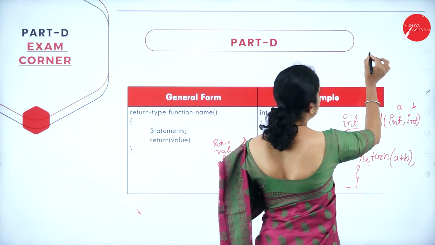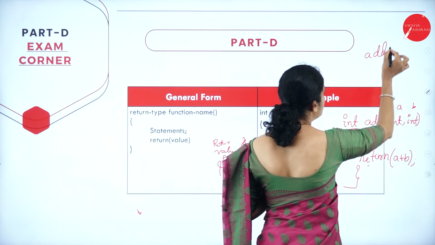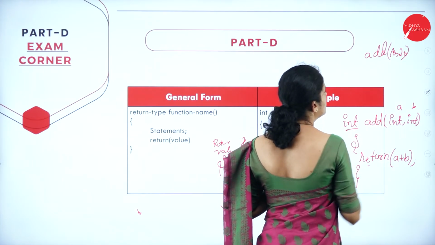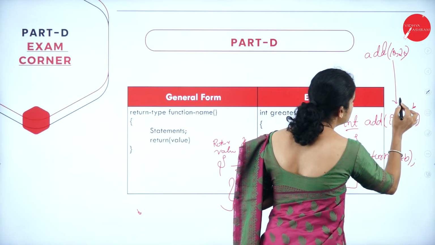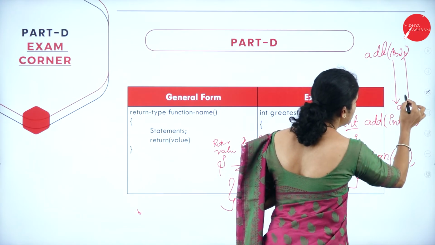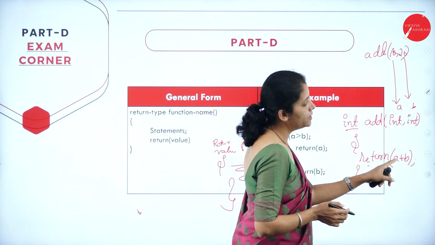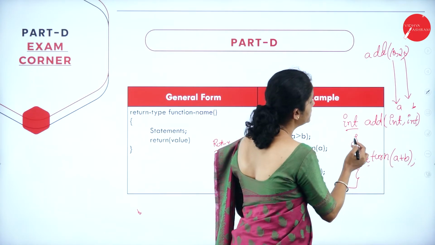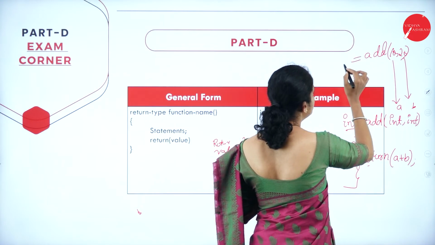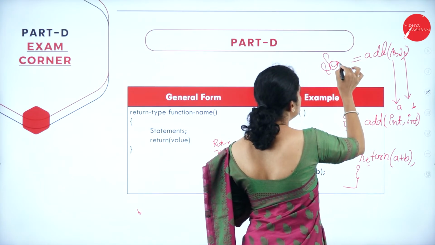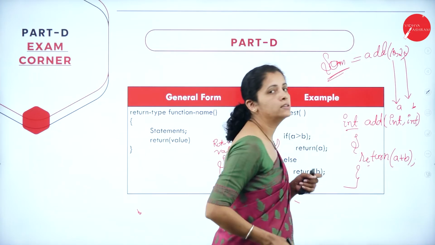For example, in my main program, if I call the function with 10, 20, now this 10 is assigned to a and this 20 is assigned to b. After performing 10 plus 20, it's going to send 30 to the calling function, and it is stored in the variable called sum.